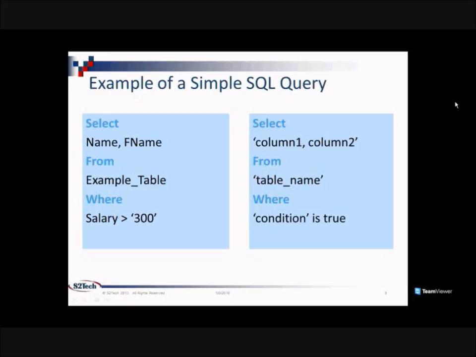So in the left box, now we see the actual column names and table name and condition from a simple query. Select name and F name, which were the headings on those columns in our sample table, from our table name, example underscore table, where, and in this case I use salary, greater than 300.